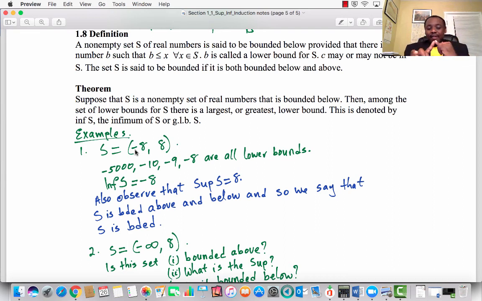So a set could have maximum, minimum, supremum, infimum. So which sets in particular would have all 4? This set has only 2. It has infimum and supremum. No maximum, no minimum. What can I do to S to make it have all 4?